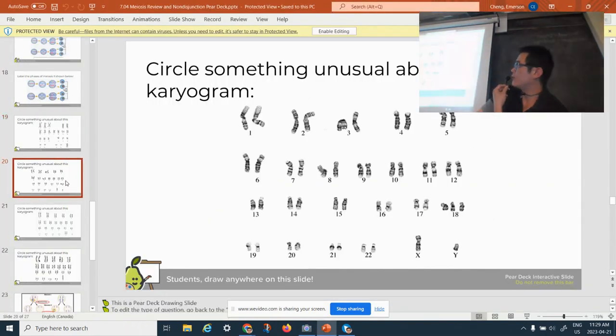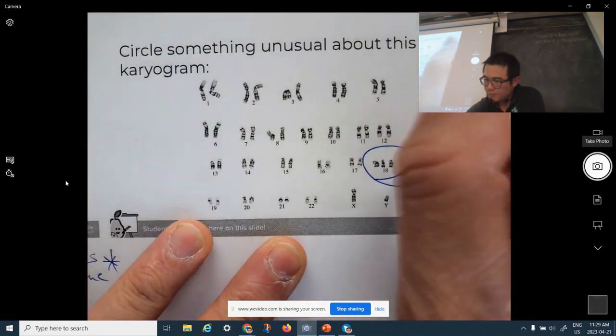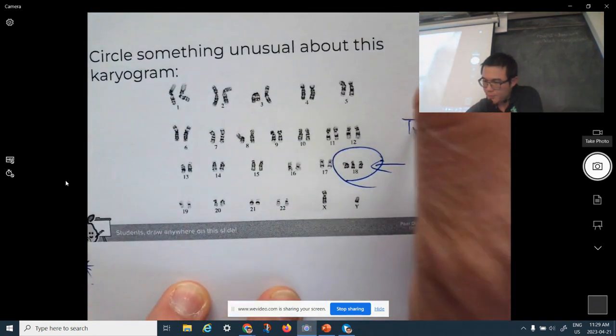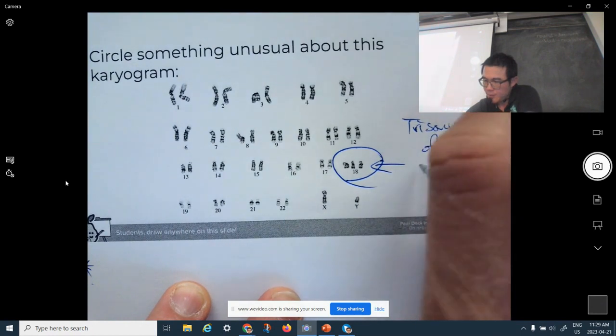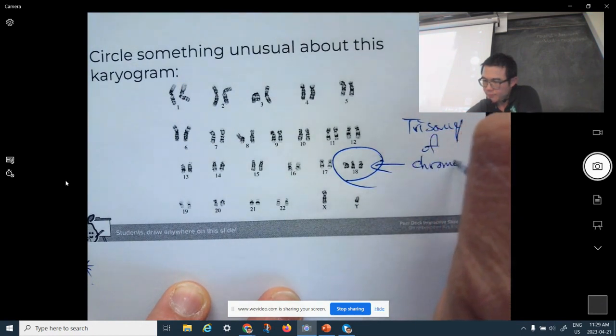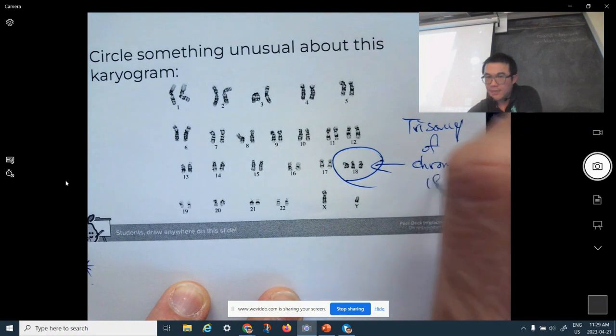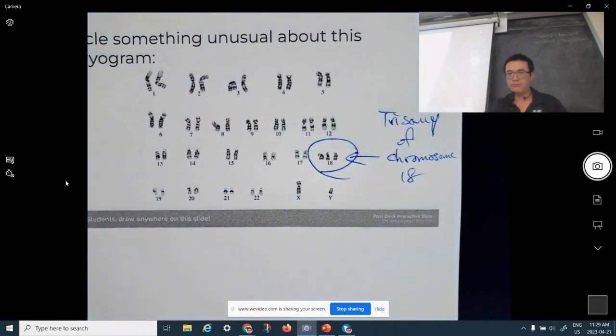How about this karyogram? There's 3 copies of chromosome 18. So in this case here, trisomy of chromosome 18.